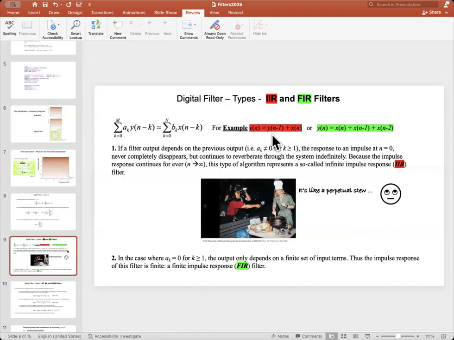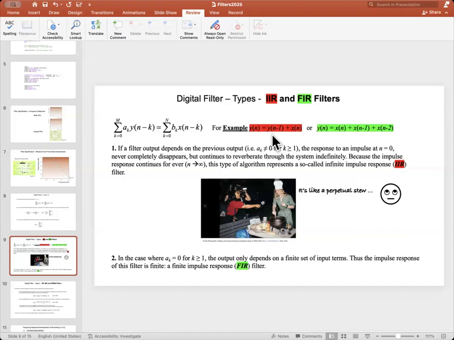Then you eat that, and you do not completely finish that, and you add new stew to that. So there is still in that new stew a little bit from the first and the second stew, etc. Even after you would do this for 100 years, there probably would still be a few molecules left from that part. So that's an infinite impulse response. It never completely disappears.